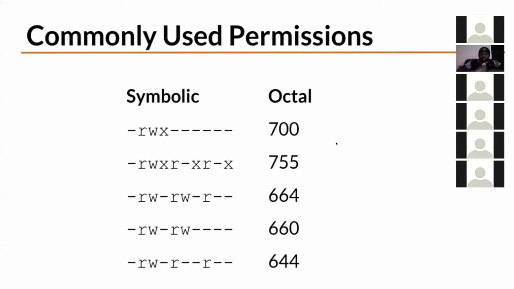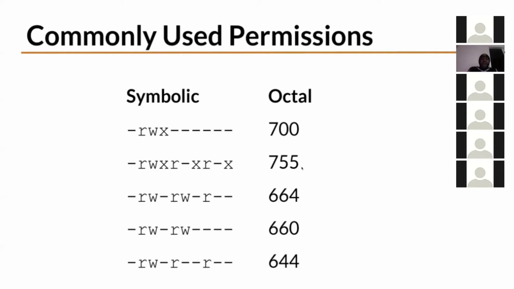The owner 7 has read, write, and execute. But then the second 0 is for the group. They have nothing, dash, dash, dash. And the other 0 is for any other person. They have nothing, dash, dash, dash. So only you will be able to do anything to this file.